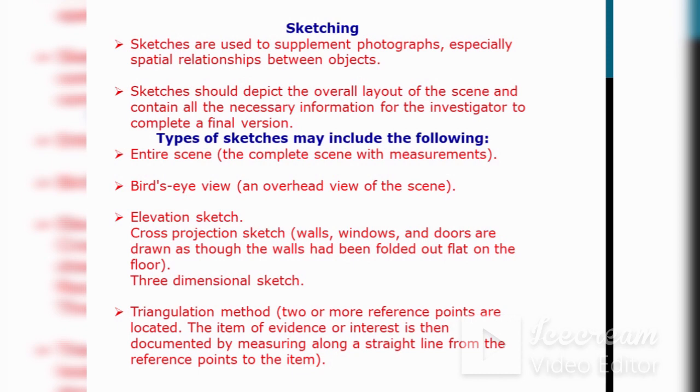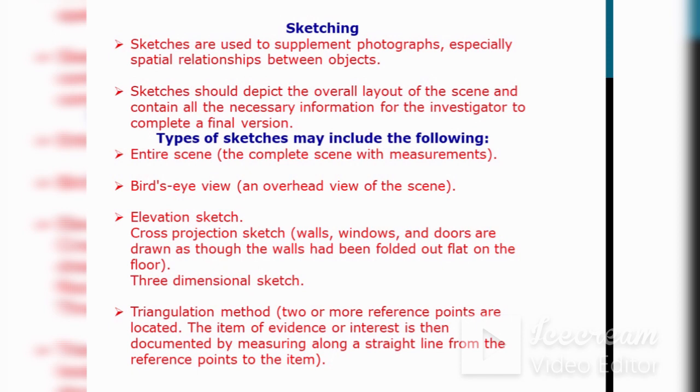Sketches are used to supplement the photographs, especially the spatial relationship between objects. Sketches should depict the overall layout of the scene and contain all the necessary information for the investigator to complete a final version.